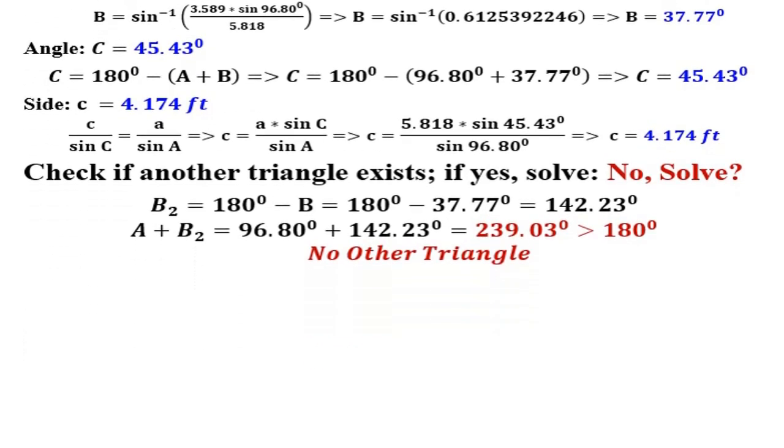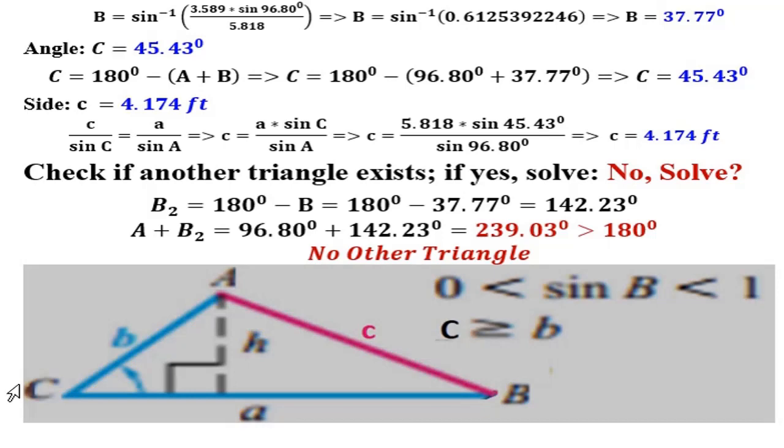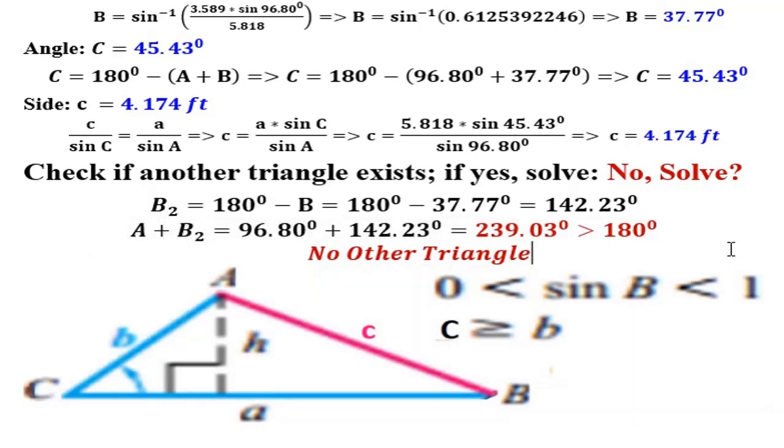And here it is in picture format. So basically we just found side C, 4.174 feet. Then we found angle C, which is 45.43 degree, and we found angle B, 37.77, and the rest of the side and angle were given to us.